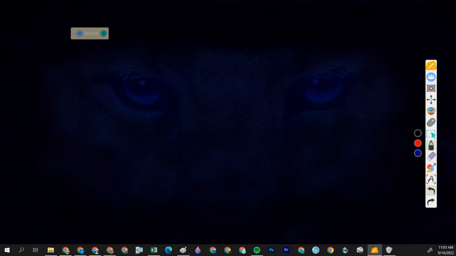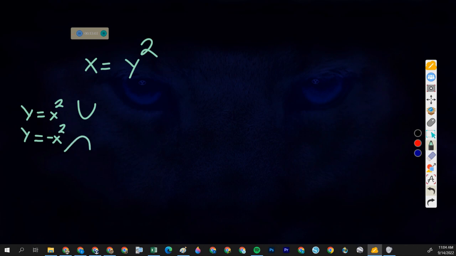Now, what if I had x equals y squared? What would that graph look like? No, so y equals x squared is a happy parabola, and y equals negative x squared would be a sad parabola.